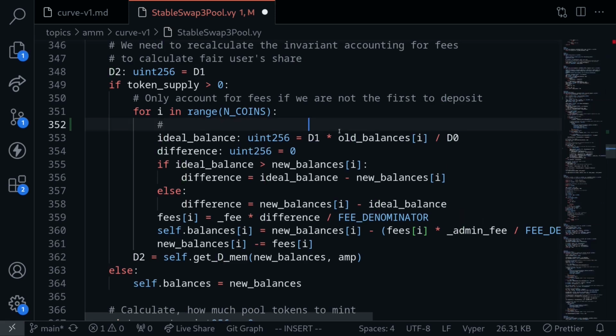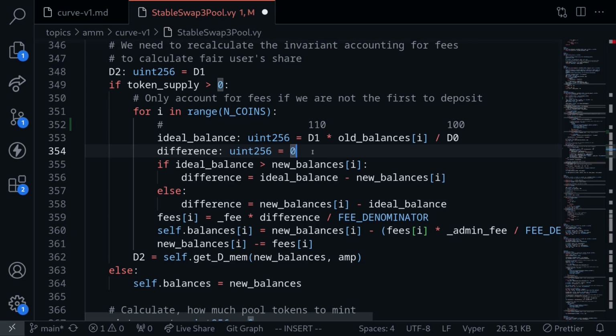As an example, let's say that D1 is 110, D0 is 100. So D1 divided by D0, so the ideal new balance will be 1.1 times the old balance. Next, we calculate how much the new balance is off from this ideal balance. If the ideal balance is greater than new balance, then the difference is ideal balance minus new balance.